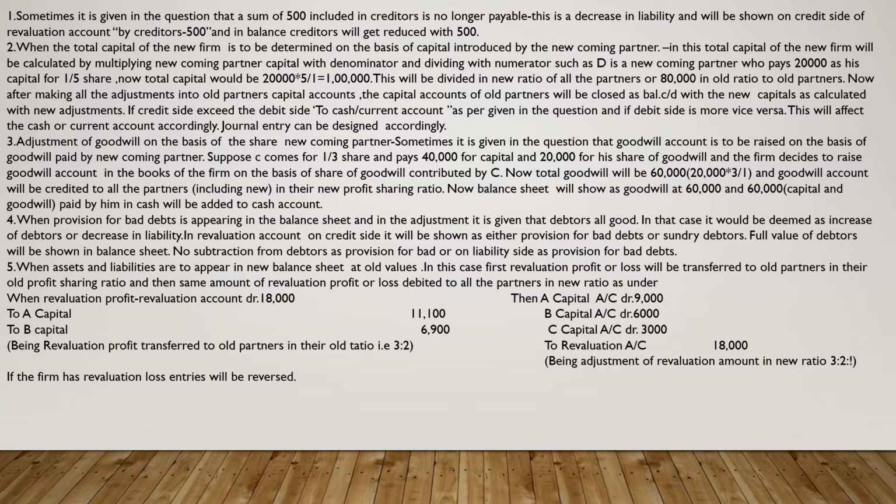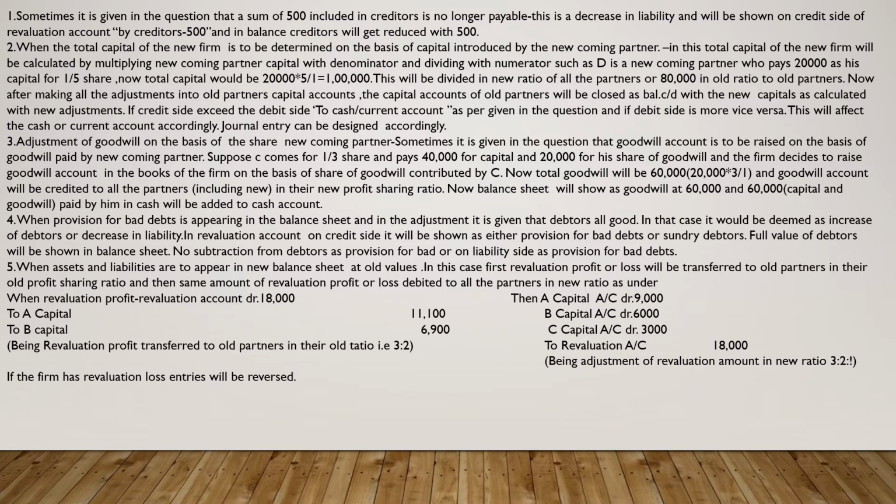Fourth, when provision for bad debts is appearing in the balance sheet and in the adjustment, it is given that debtors are all good. In that case, it would be deemed as increase of debtors or decrease in liability.